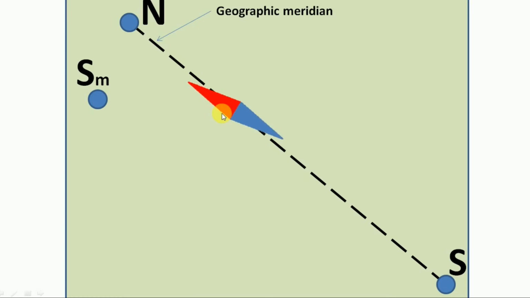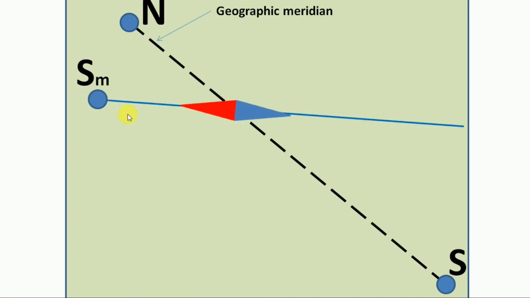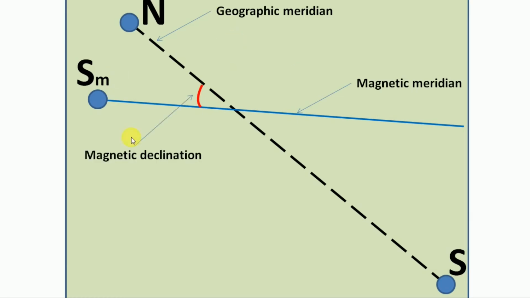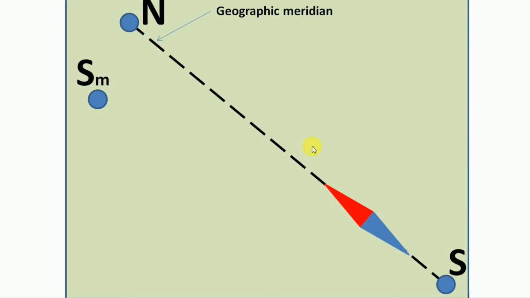If you keep a magnetic compass out here, it will deflect towards the magnetic south. So the plane passing through the axis of the compass is called magnetic meridian, and the angle between these two is called magnetic declination. So magnetic declination is the angle between magnetic meridian and geographical meridian at a place.